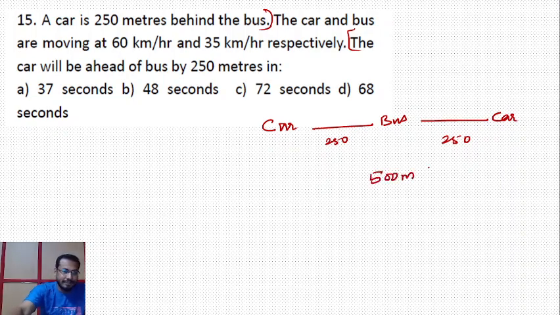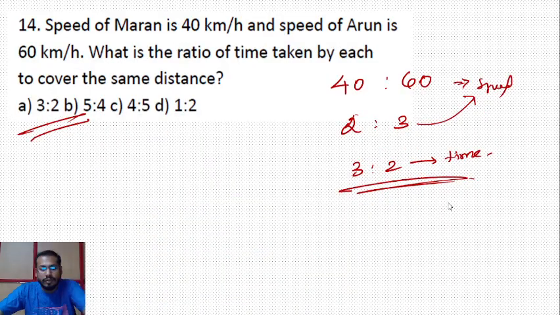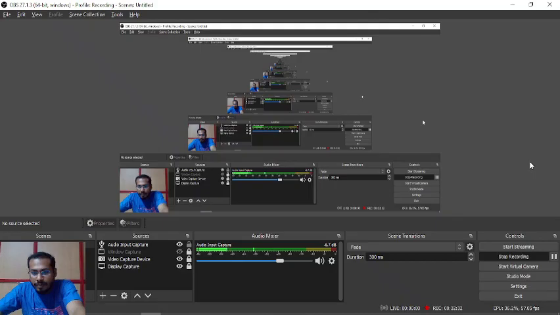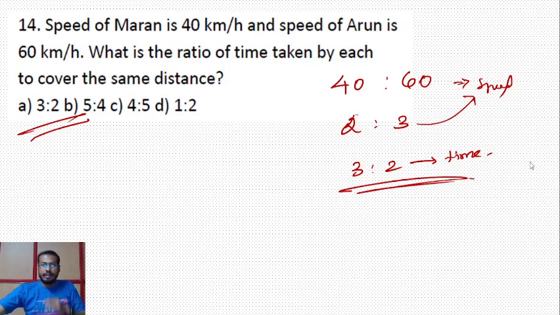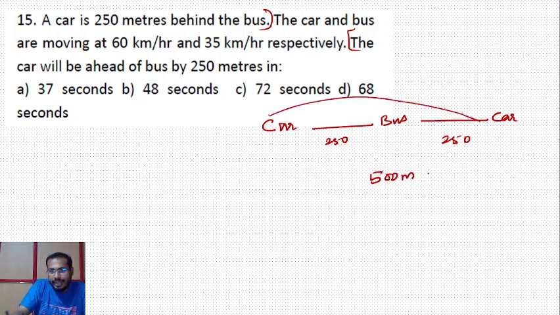Is it correct? Right. So in this question, totally it takes 500 meters. From here to here, it takes 500 meters. And another thing is, speed is given. Speed is equal to 60 km per hour.